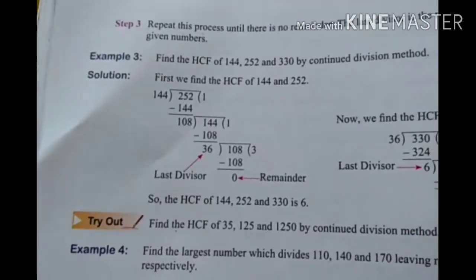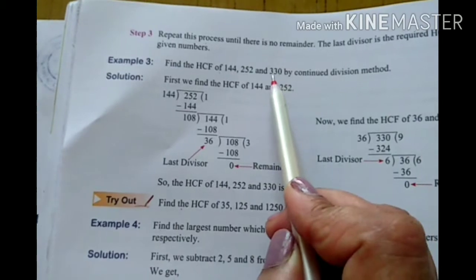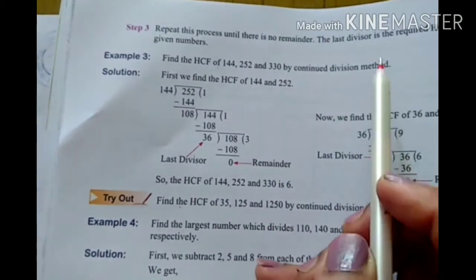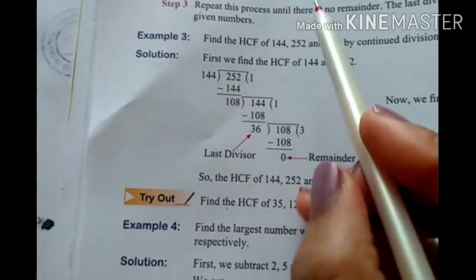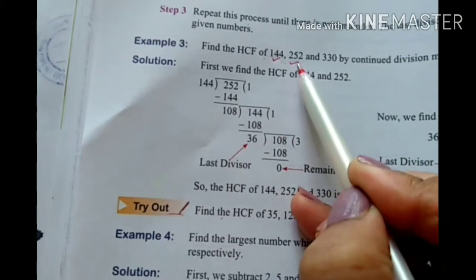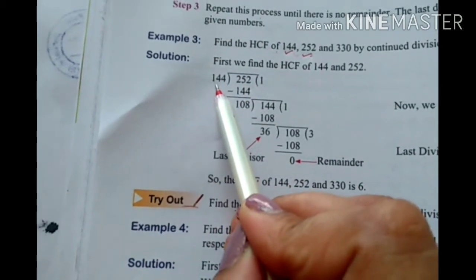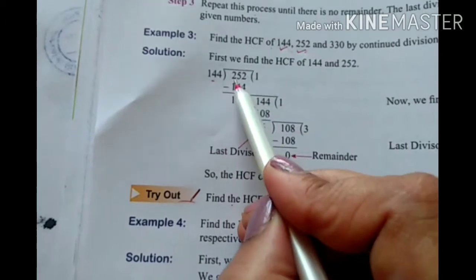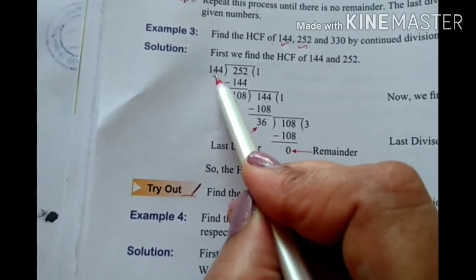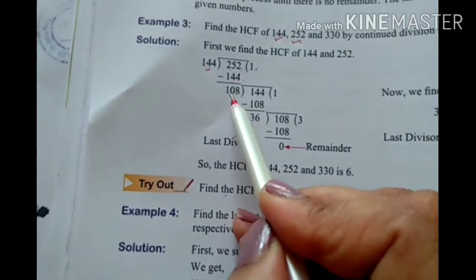Suppose you are given numbers; find the HCF of 144, 252, 330 by the continued division method. You will first take the two numbers 252 and 144. 252 is the bigger number, taken as dividend, and 144 the smaller number is taken as divisor. Divide 252 by 144: 144 1 ja 144, the remainder is 108.